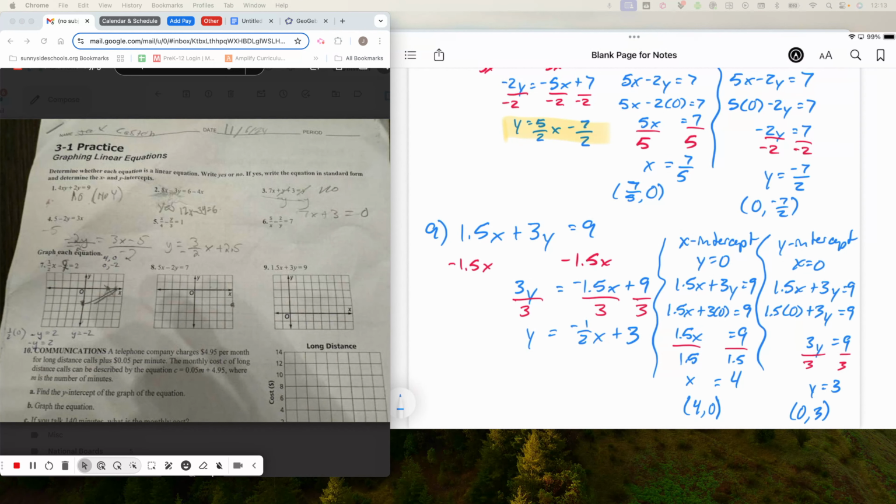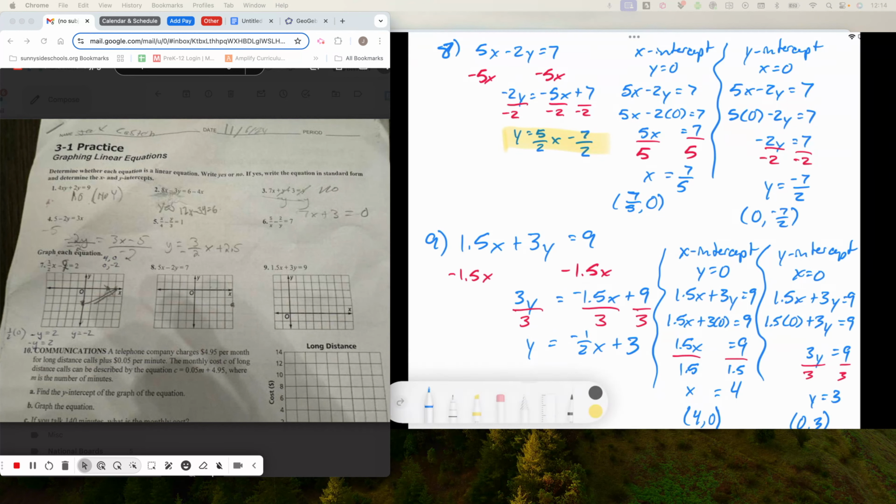And so the 0, 3 matches what we have over here for our y-intercept of 3. So either one of these methods will work to graph it. What they're probably trying to push you to do in this particular set of problems is to graph using the x and y intercepts. That's my guess. Again, here you have a fractional slope of negative 1/2, which is not bad. But I will demonstrate both methods of graphing this.